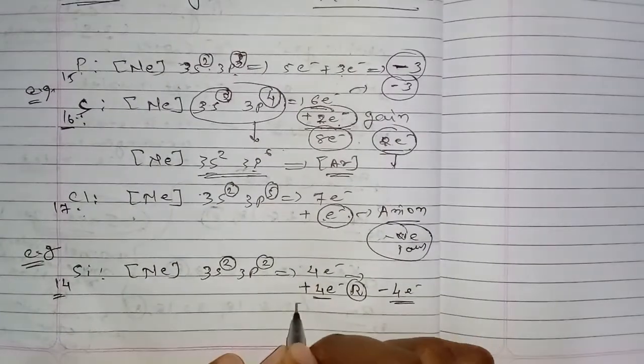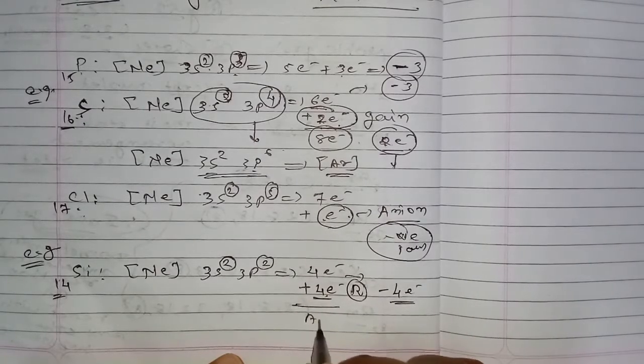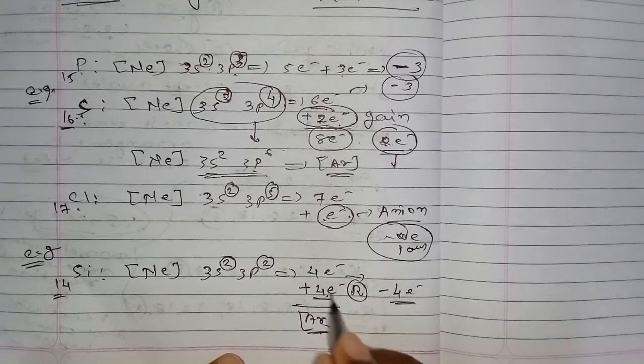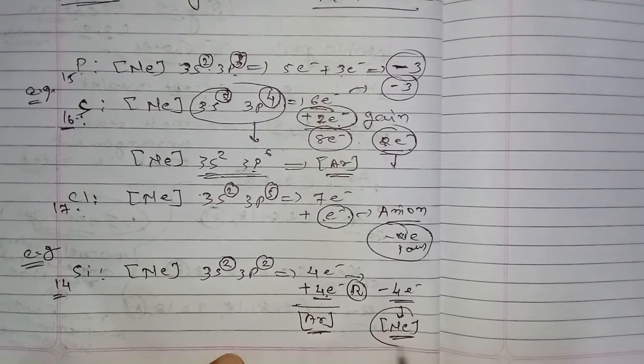When it gains 4 electrons, its electronic configuration is similar to argon, or when it loses electrons, its configuration will be similar to neon.